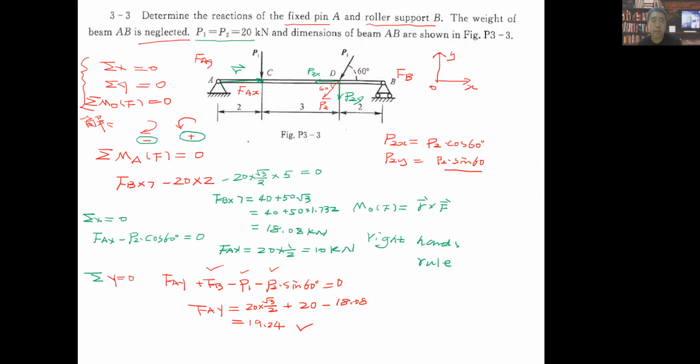This page is the answer I gave to my students last time, so you guys can check that. So we have FB equal here, right? FAY should be 19.24 kilonewtons. And what about FAX? FAX should be 10 newtons, right?